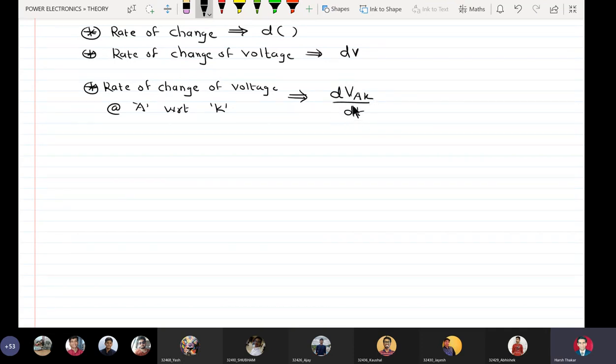Rate of change of anode to cathode voltage.